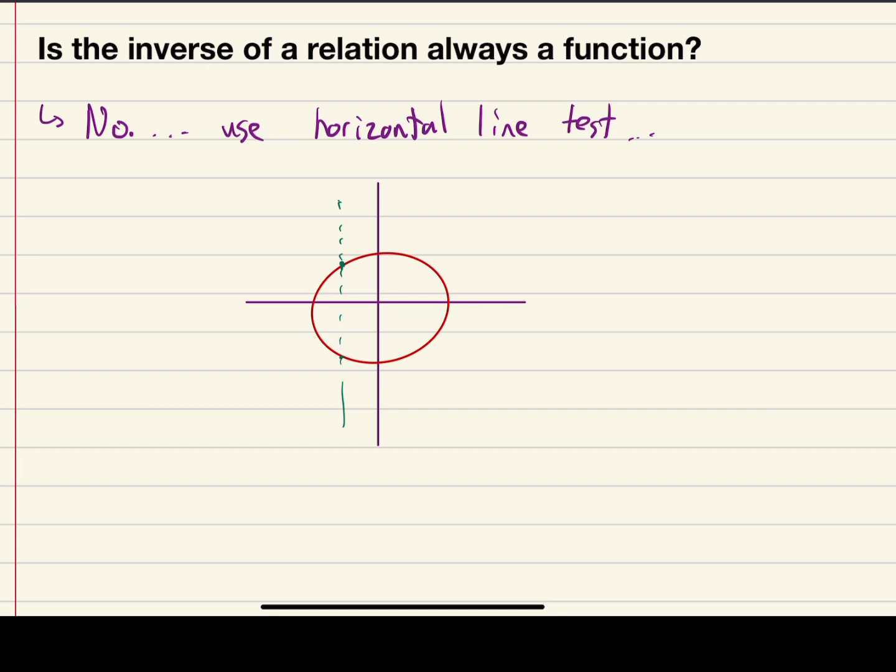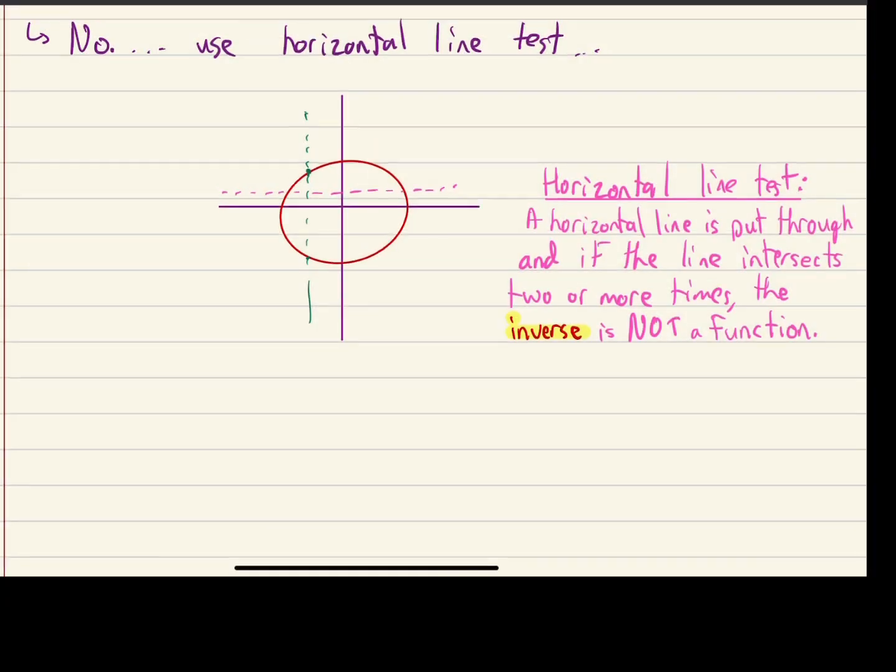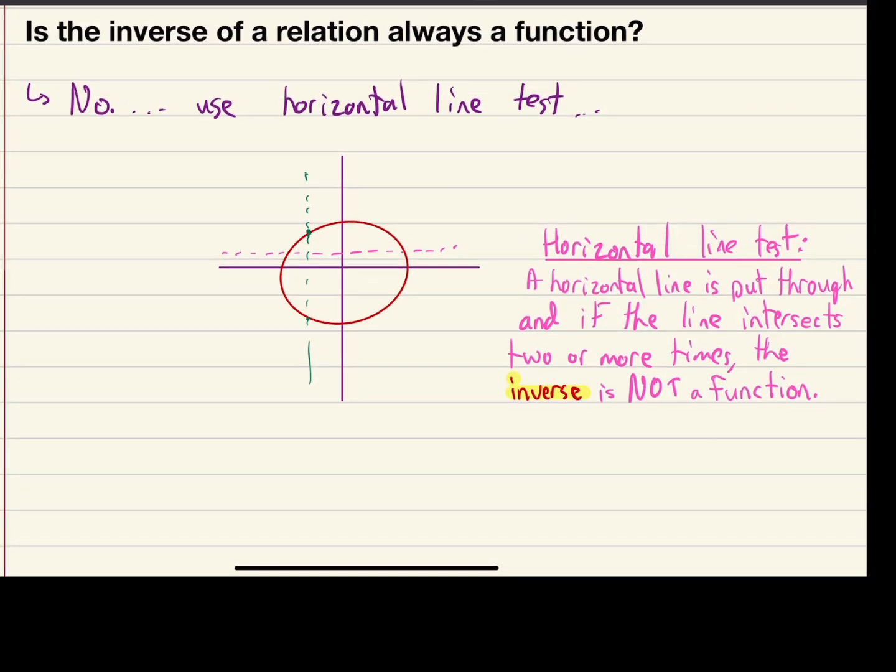Now, if it is a function and we inverse it, then we're going to do the horizontal line test here. The way the horizontal line test works is that if a horizontal line is put through and the line intersects 2 or more times, so in this case, if I look at this function here, it intersects here and here, then the inverse, so f to the negative 1, is not a function.